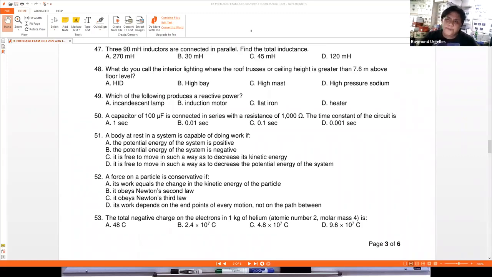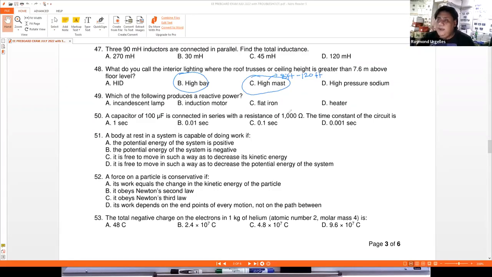Itong high bay, ito yung isa sa mga interior lightings natin. Yung high mast naman, this is an exterior lighting. This is 45 feet up to 120 feet. Kaya this is exterior lighting.